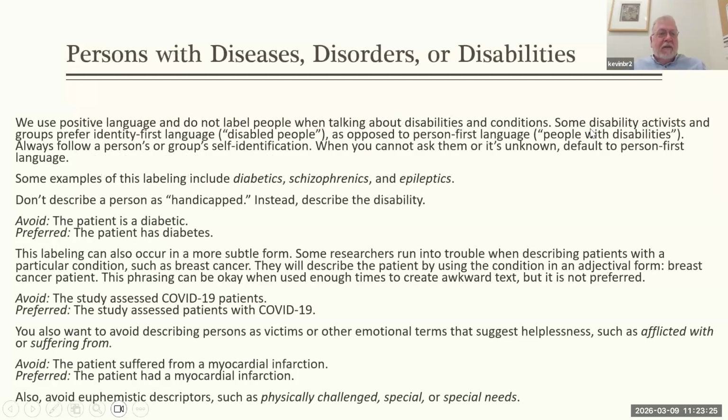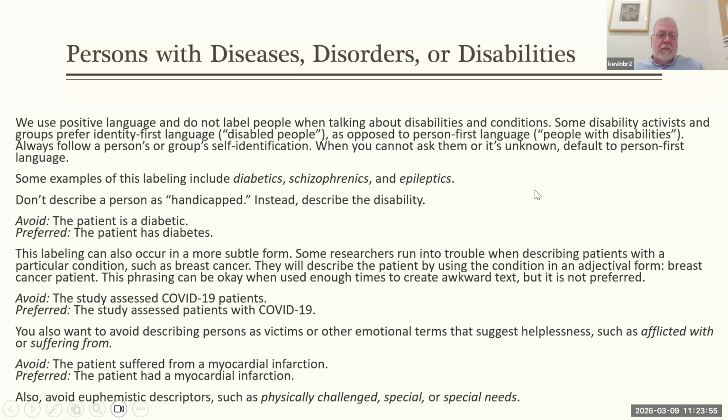So more specifically, I'm not going to go through all of these descriptors and examples about labeling, but as in the health sciences, again, we want to be as specific as possible. So labeling, general descriptives are to be avoided, and in general, you want to be as explicit and descriptive as possible.